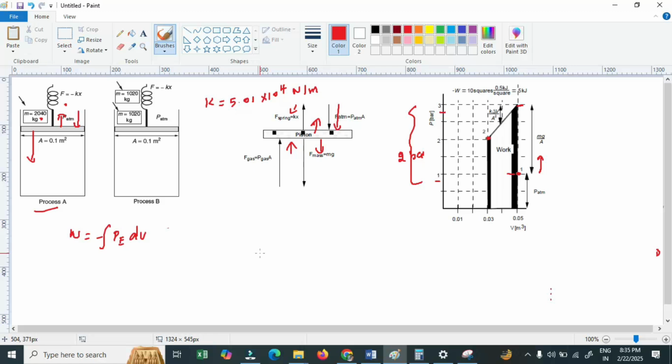For us, there are three external pressures, that is integration of, first, let me consider atmospheric pressure, P atmospheric, plus pressure due to the weight, mg divided by A, and plus pressure due to the spring, that is Fx divided by A, into dV.